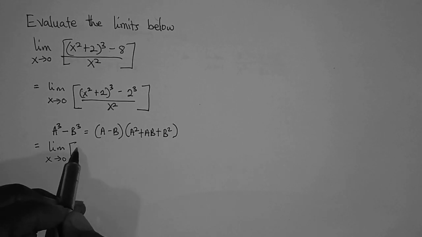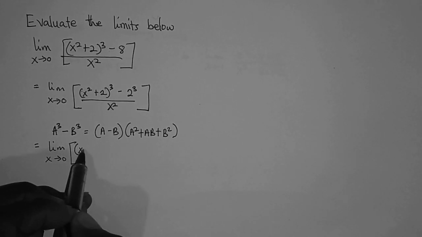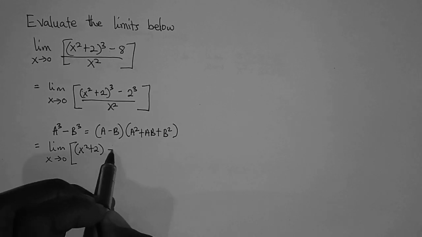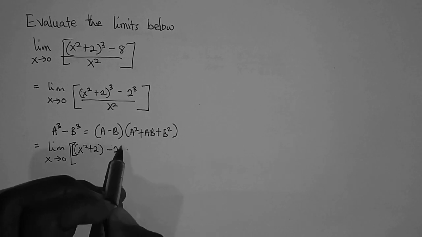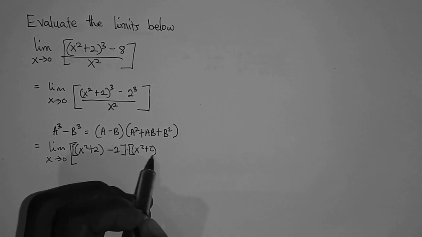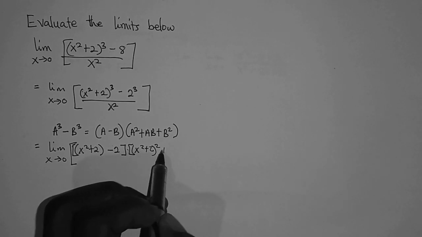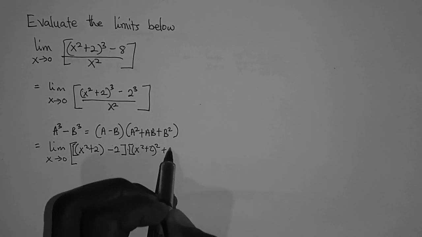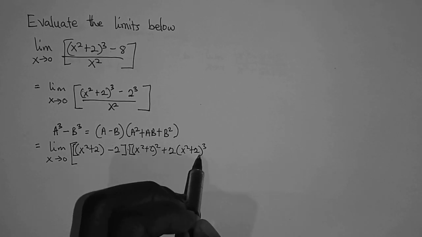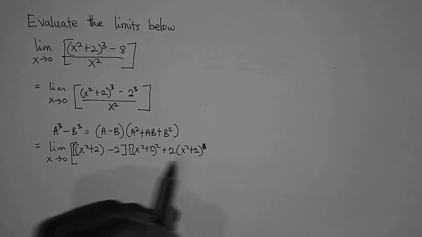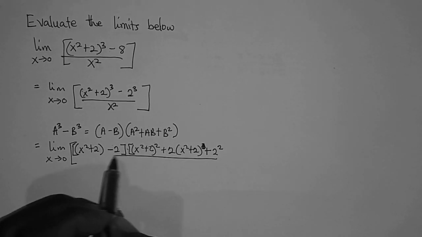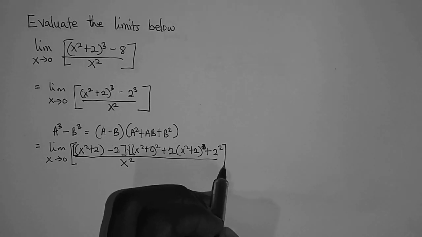So this bracket becomes (x squared plus 2) minus 2, then times a squared, which is (x squared plus 2) squared, then plus ab, which is 2 times (x squared plus 2), because b is 2, then plus b squared, which is 2 squared, all divided by x squared, then bracket close.